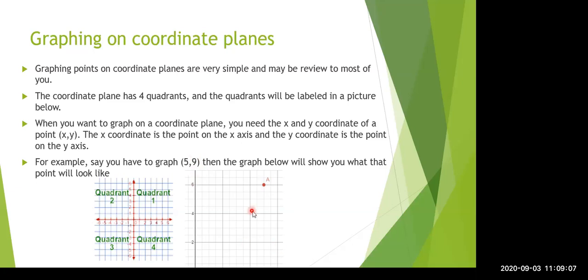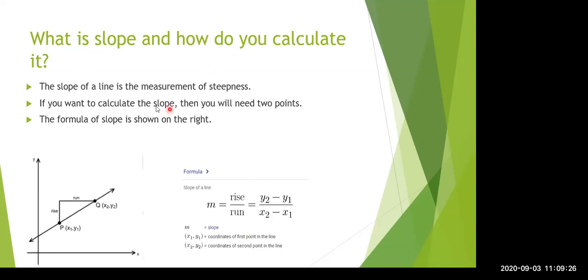I have already graphed this. If you see here, this is the x-axis and this is the y-axis. If we go 5 here and then 6 up here, you can see that this point is 5, 6.